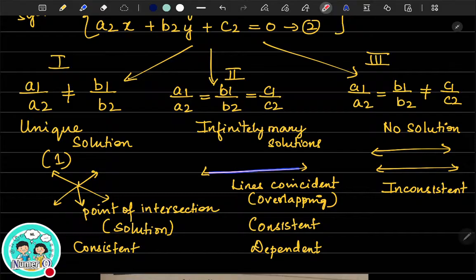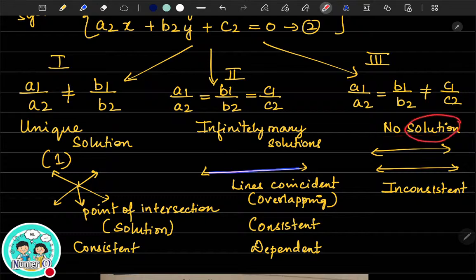And if all the 3 ratios are equal, then it will have infinitely many solutions. The lines overlap each other and the system is consistent because it has infinitely many solutions, and you also say it is dependent. If the first 2 ratios are equal but these are not equal to the third ratio, that is c1 by c2, then the pair of linear equations does not have any solution.